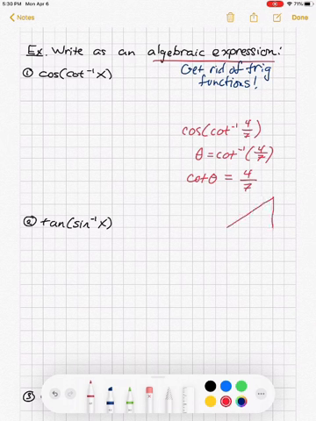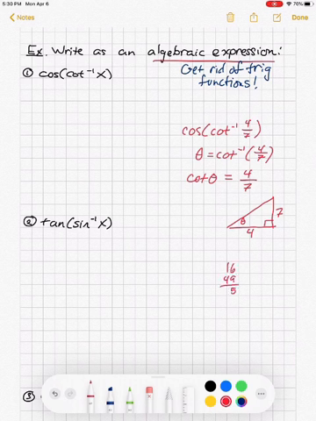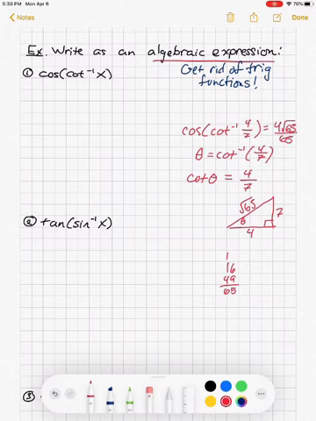Then we made a triangle. So cotangent was 4/7. Found the other side. And then we filled in the cosine, so it'd be like 4 over root 65, something like that.